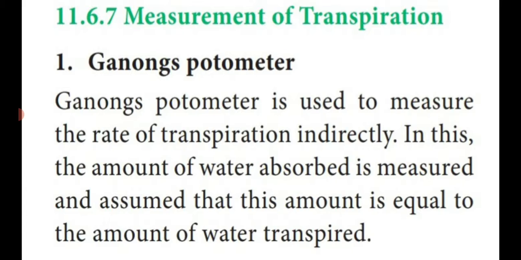Now we are going to see the different experiments which measure the rate of transpiration. First one, Ganong's potometer, is important, a 1 mark question, and is used to measure the rate of transpiration.